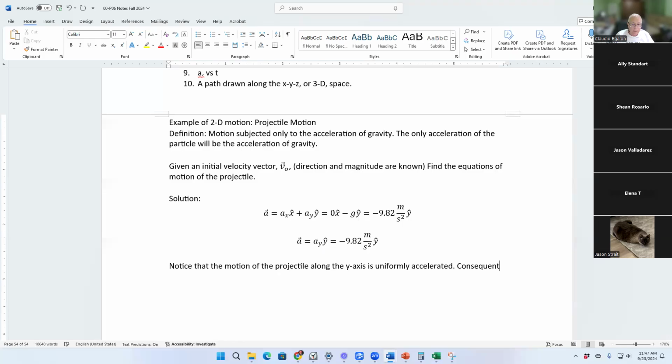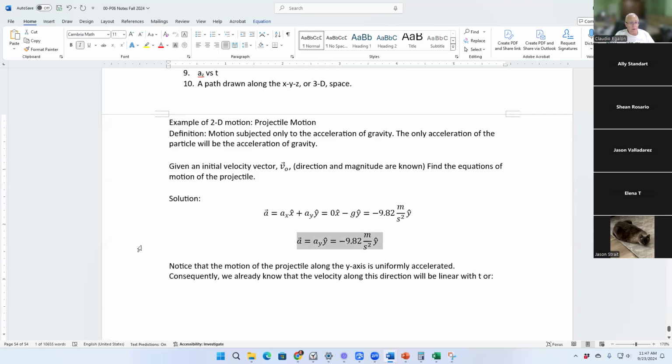Consequently, we already know that the velocity along this direction will be linear with t. So now we can write down the equation for the velocity along the y direction.